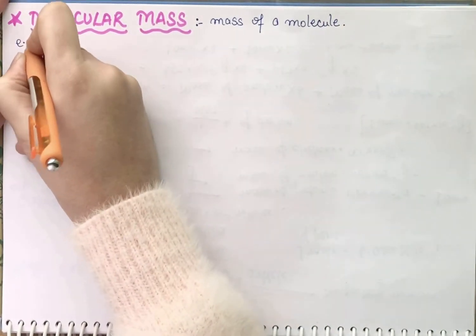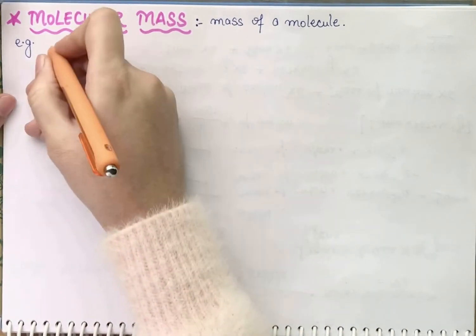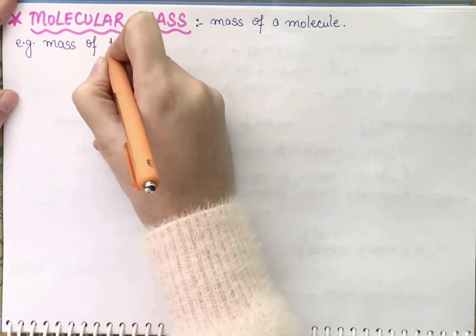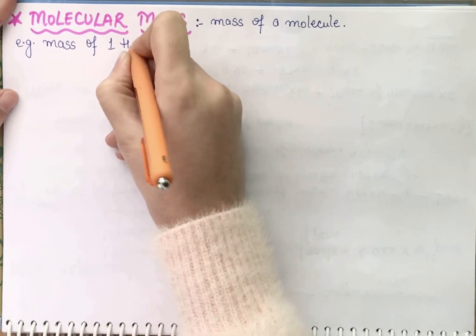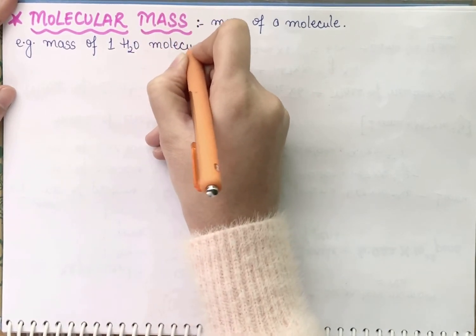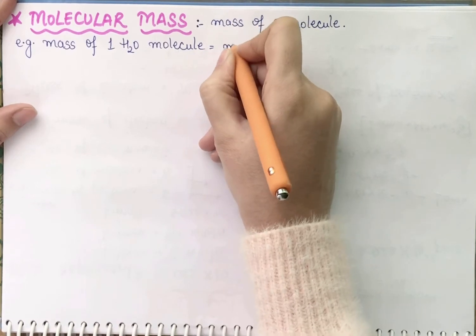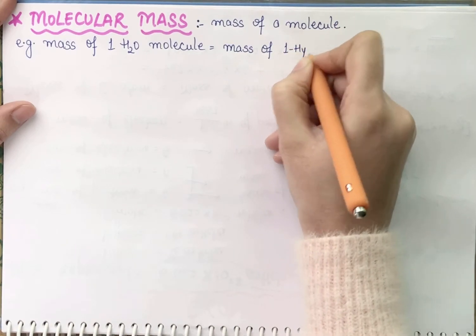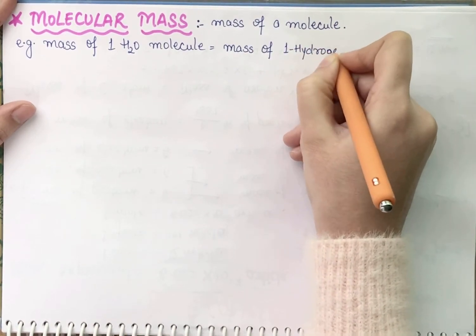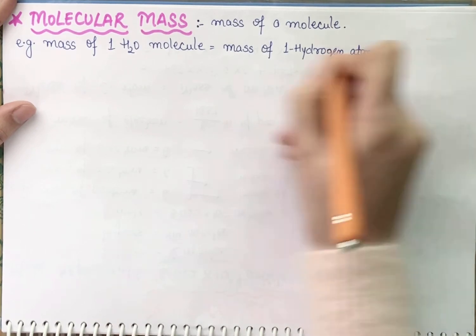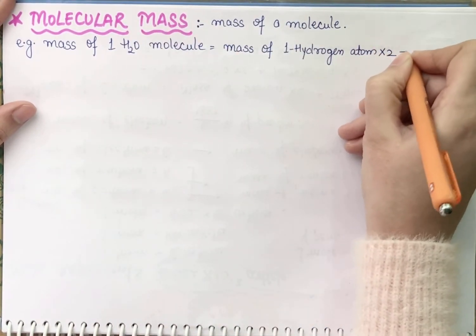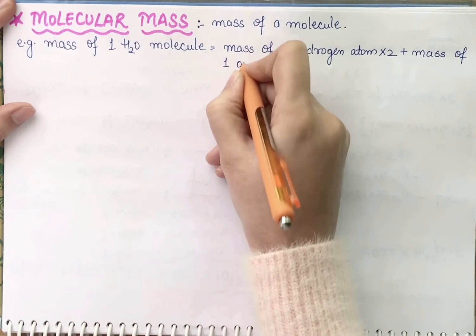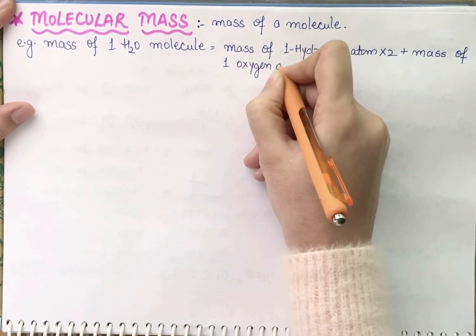For example, if you want to find the mass of one water molecule, so you can write mass of one water, H2O, molecule, that will be mass of one hydrogen atom into 2, because I'm having 2 hydrogen atoms over here, plus mass of 1 oxygen atom, right?